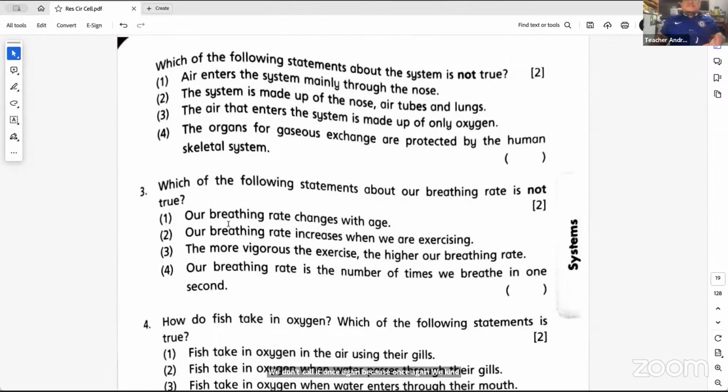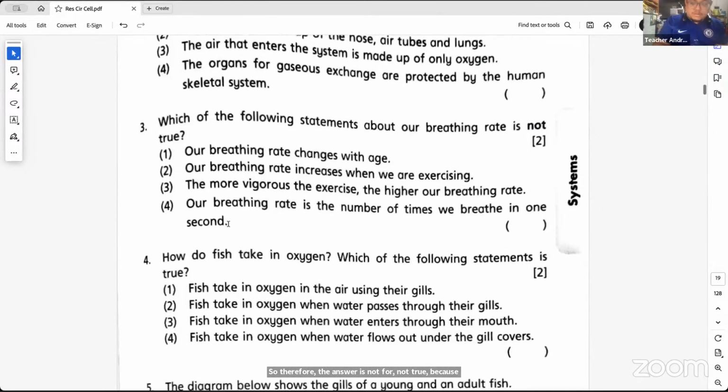When we breathe in and breathe out, it's already 2 seconds. So therefore, the answer is number 4, not true, because our breathing rate is the number of times we breathe in 1 minute.